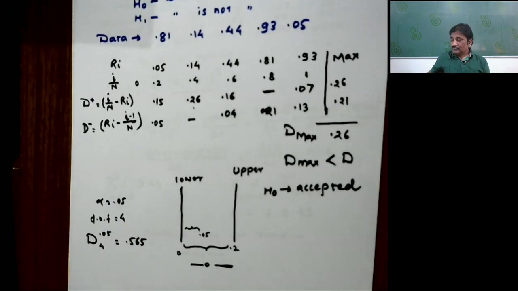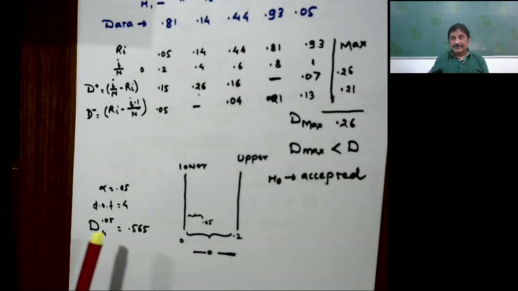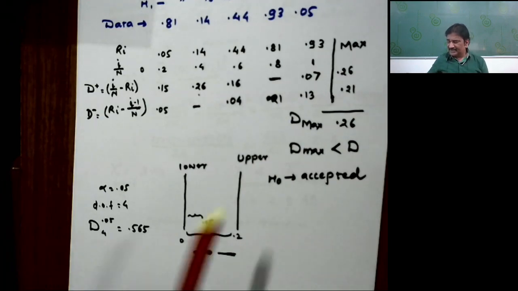Now, if the Dmax which you have found is less than the D which you get from the table for degree of freedom 4 and significance value 0.05, then the null hypothesis is to be accepted.